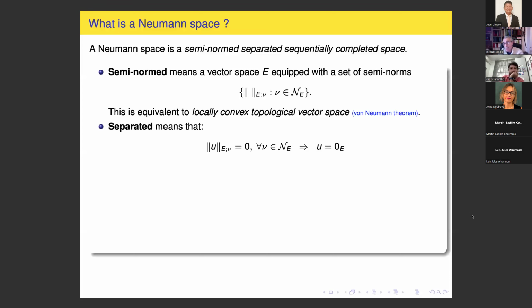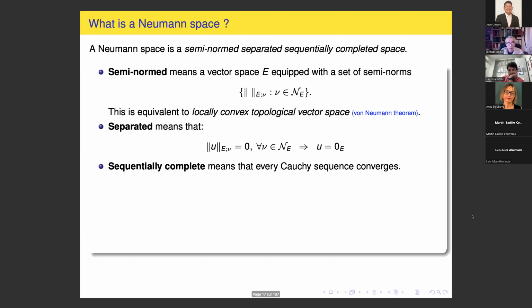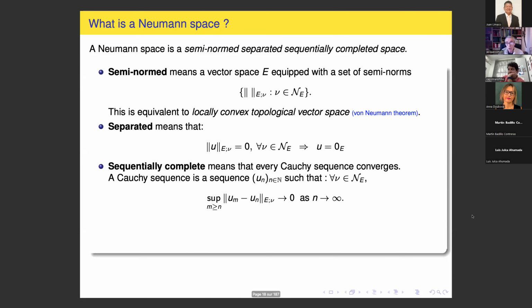Separated means that 0 is the only element that cancels all the seminorms. And sequentially complete means that every Cauchy sequence is convergent. So what is a Cauchy sequence?